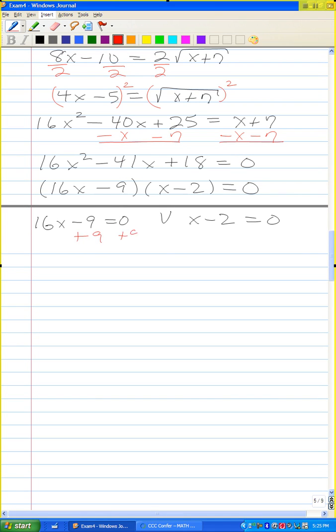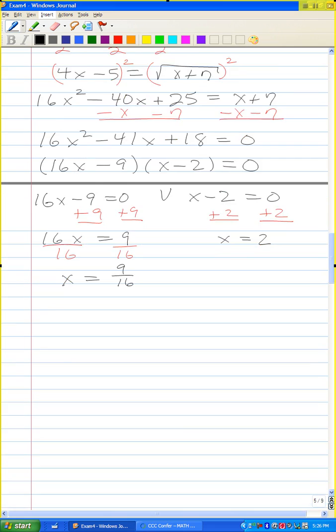Add 9 to both sides of my equation. Divide by 16. So x is equal to 9 over 16. Add 2 to both sides of your equation. So x is equal to 2.